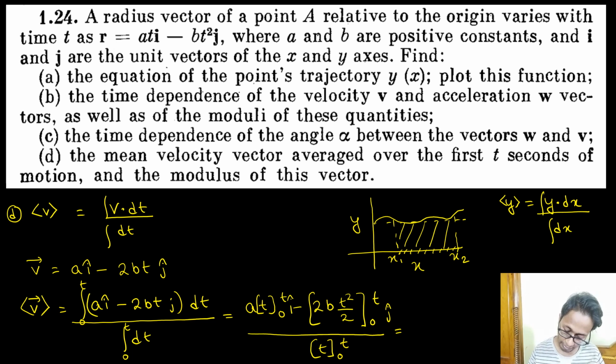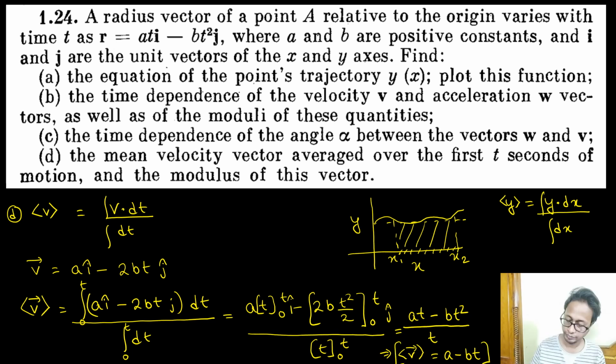So this will be nothing but at minus bt square divided by t, or this is nothing but a minus bt. So the mean v is equal to a minus bt.